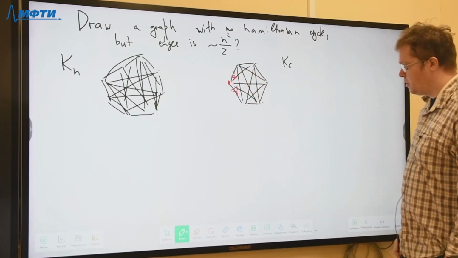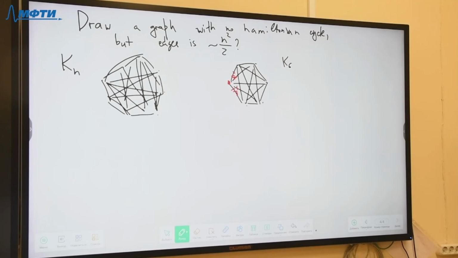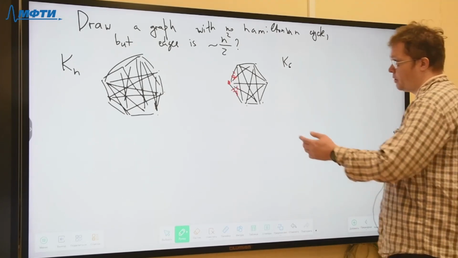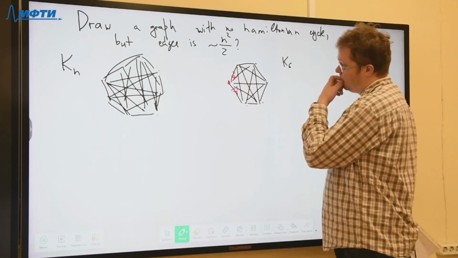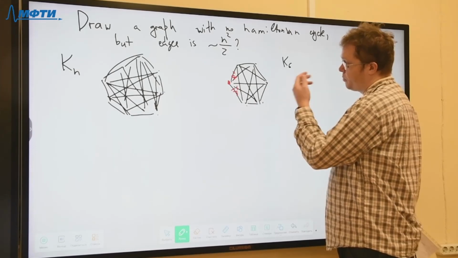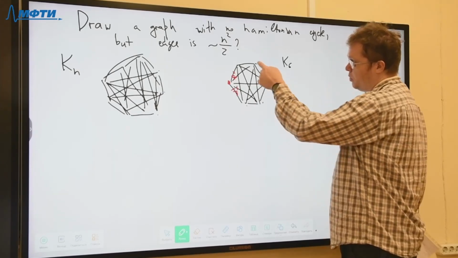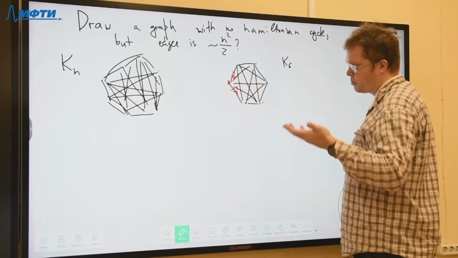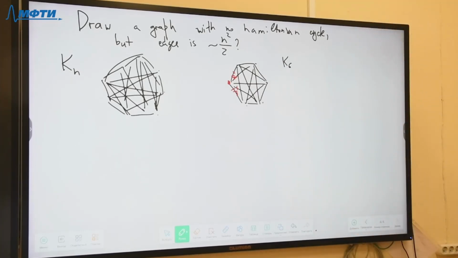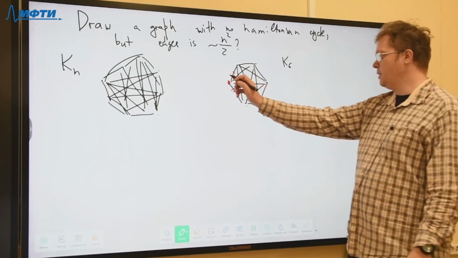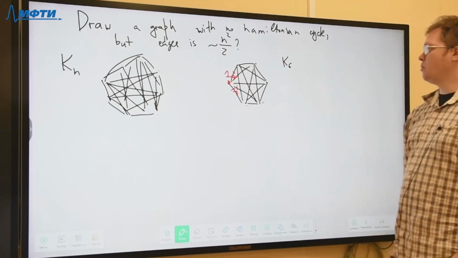And we will be left with many edges, but we will not have a Hamiltonian cycle because if we need to provide a Hamiltonian cycle, all vertices have to have a degree of at least 2, and now we have this vertex of degree 1, so we cannot draw a Hamiltonian cycle.